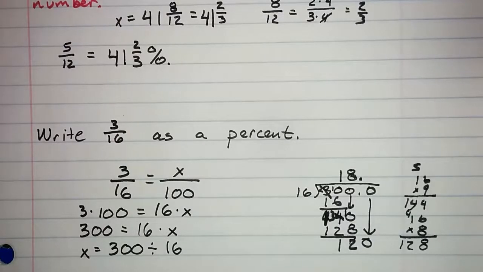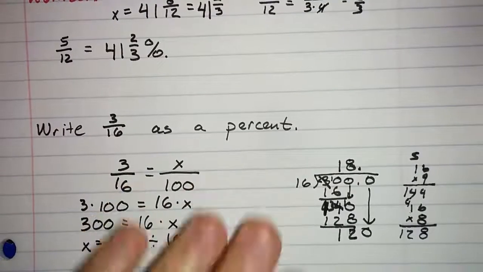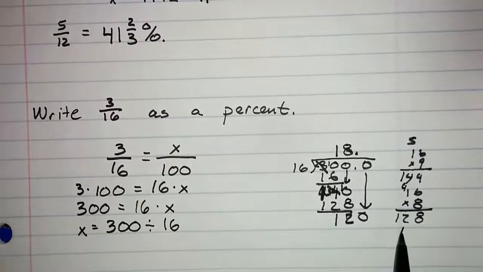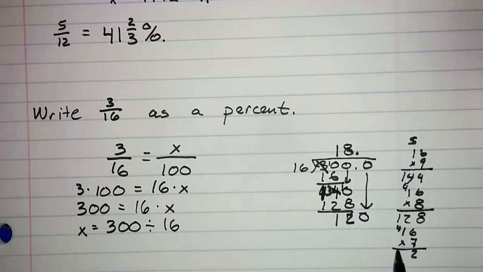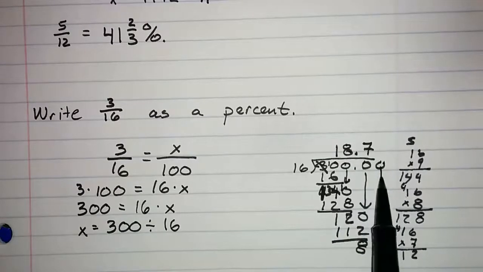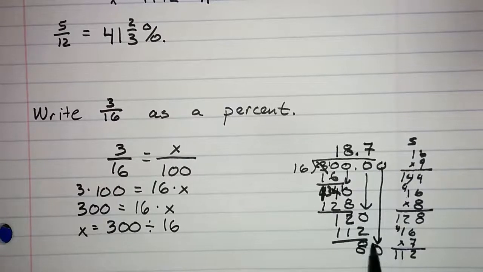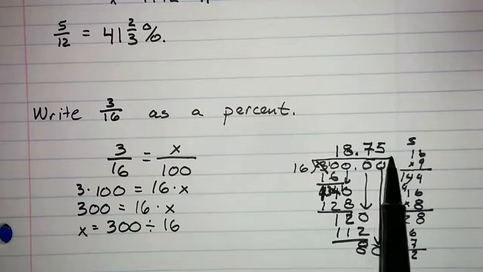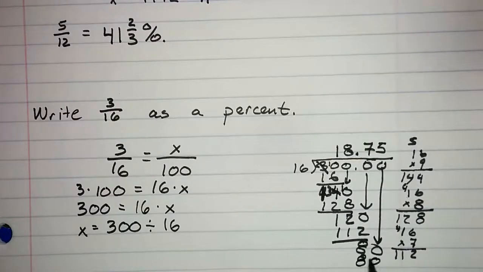Sixteen goes into 120, not quite 8, so let's guess 7. 7, 8, 9, 10, 11. 8 left. 16 goes into 80 5 times. 5 times 16 is 80.